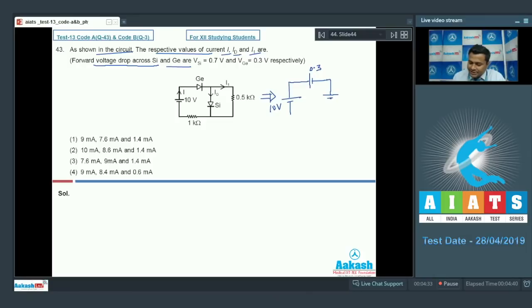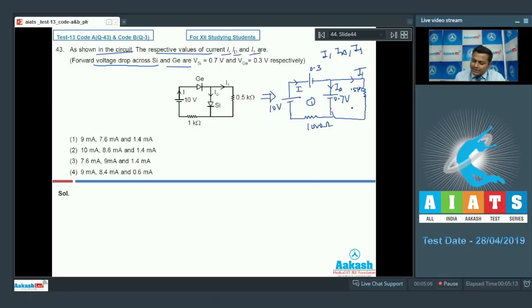Silicon replaced by equivalent drop, that is 0.7 volt. 1 kilo ohm resistance here, that is 1000 ohm we can write. 0.5 kilo ohm resistance right here. Currents are given. This is I, this is ID, and this is represented by I1, and we have to calculate this I, ID and I1.